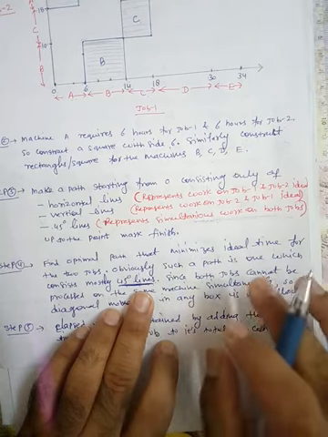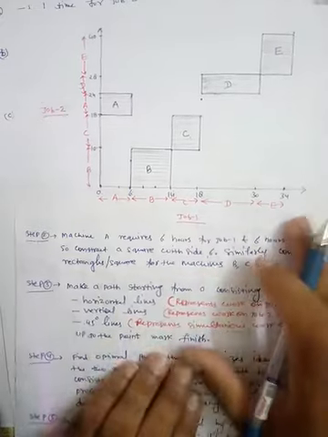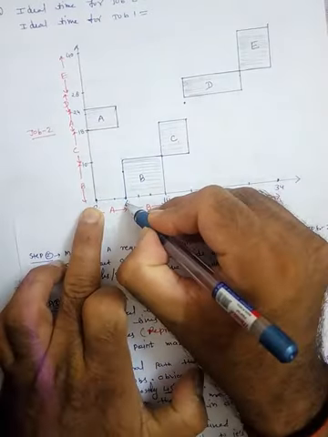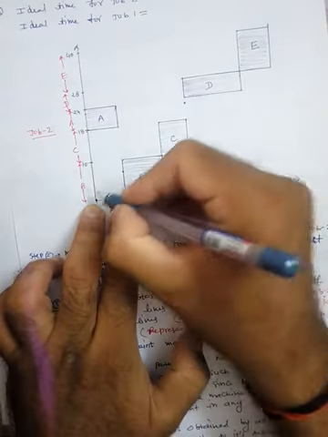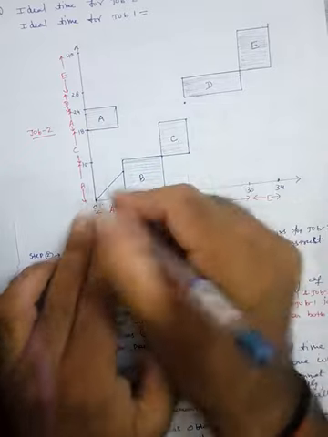This is the meaning. So preference should be given to the 45-degree line. So here start with 45. Here is 6, the distance is 6, here is 10. So just move at a 45-degree angle. This is 45.